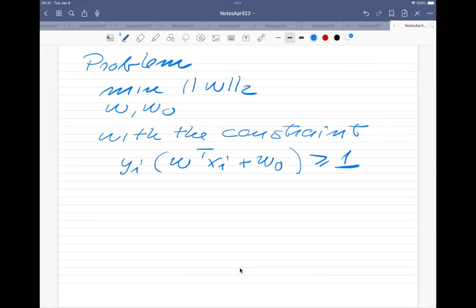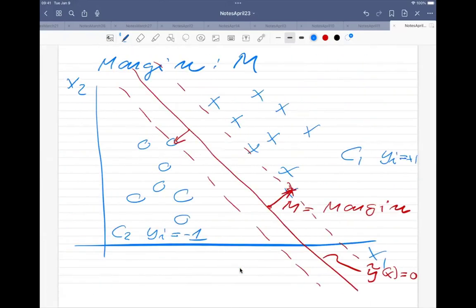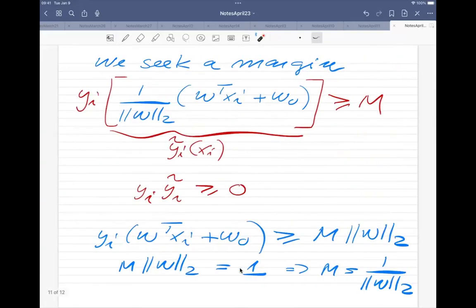So the correct prediction is obviously that if we are exactly on this line here, then the correct prediction would give us y of x equal to 0. Now, what we're going to do after the break is to look at how we can rewrite this, since we now have an optimization problem with constraints.